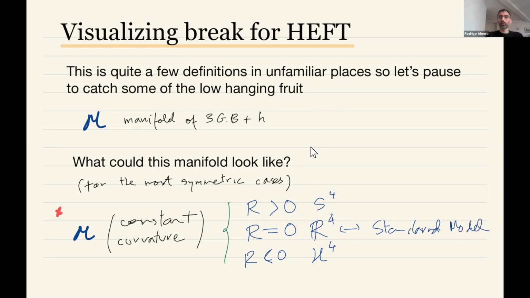In that case, curvature is 0, and as we'll see, that also means that all of the unitarity problems go away. This case in here is actually related to minimal composite Higgs models, for a reason that I'll make explicit just now. And this other case, well, we don't quite know what it is, but it seems, at least from the low energy point of view, to be on the same footing as the other ones.